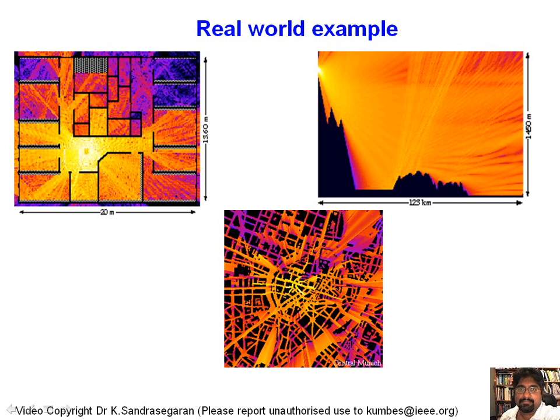So the yellow could mean a very high receive signal strength, the orange could be an average receive signal strength, and the blue and the black could be a very low signal strength. So for example, in these rooms here, you could have a very low receive signal strength, and you might have to place a second access point maybe somewhere here so that you can get coverage in this area as well.